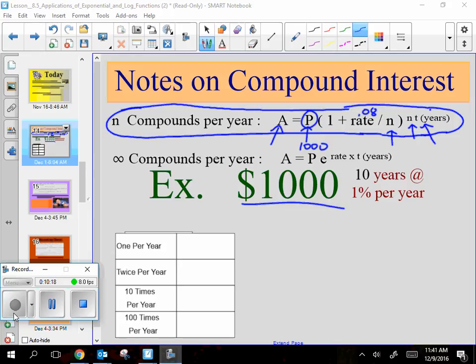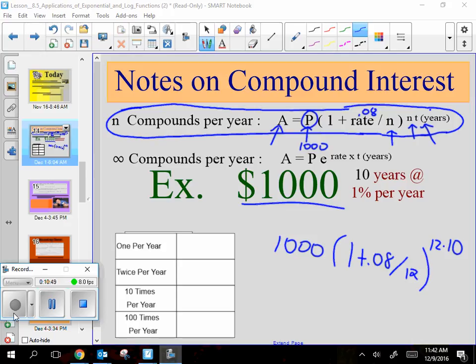Just seeing if you can put that into a calculator, first into an equation, and then type it in your calculator. We're doing 10 years, monthly compounding, 8%, $1,000.